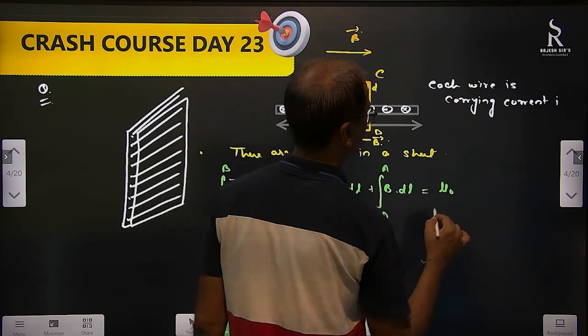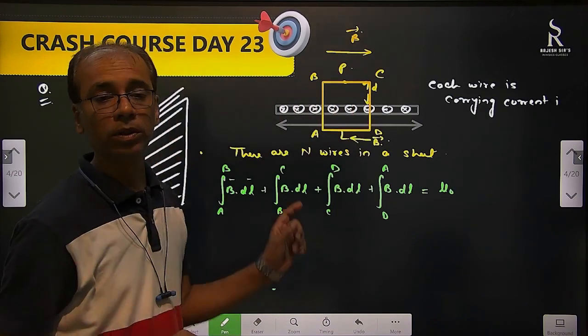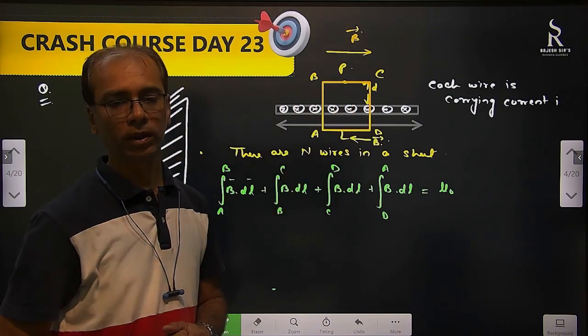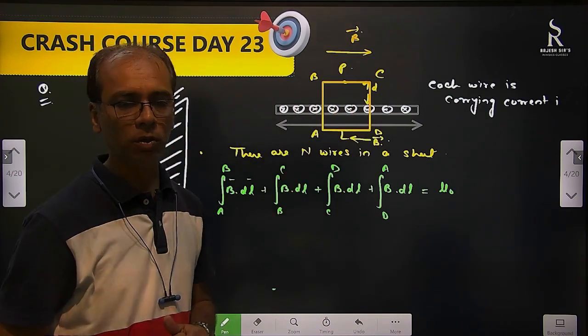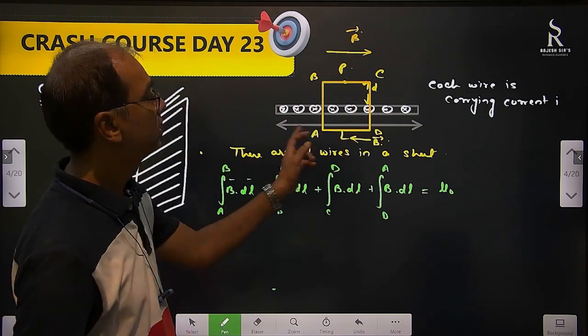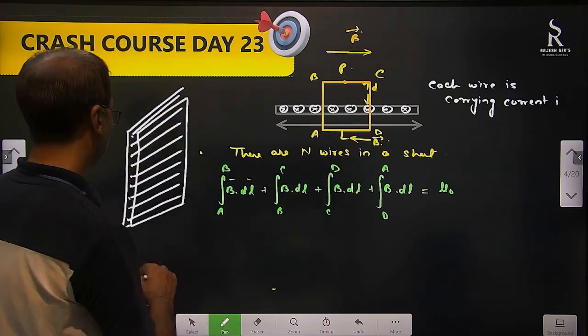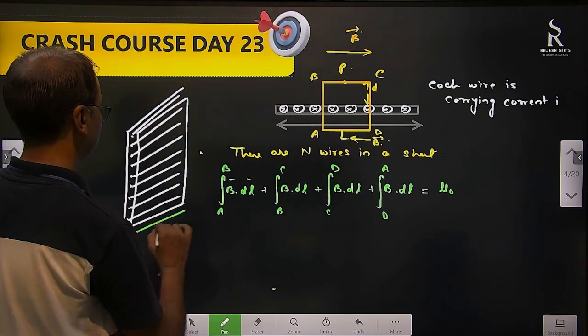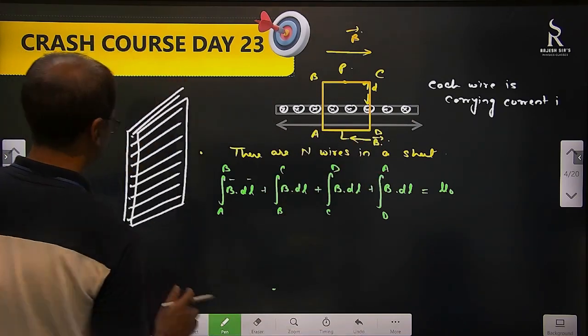Now how much is I inside? We have to decide what the length of the loop we have taken is. How much bigger is our loop? Because L is the length of the sheet. This is L.